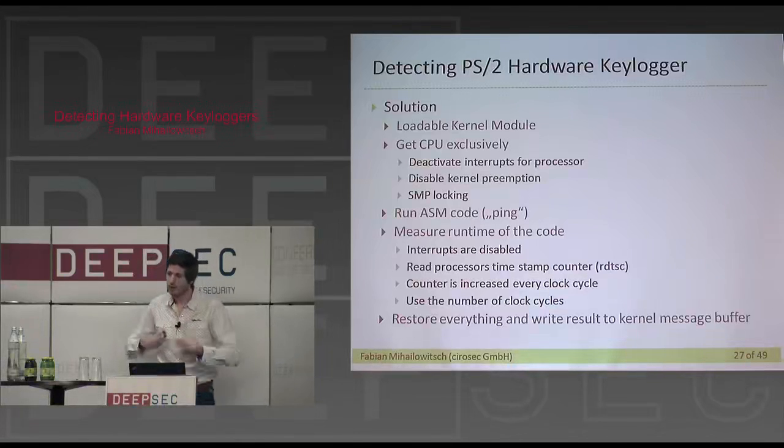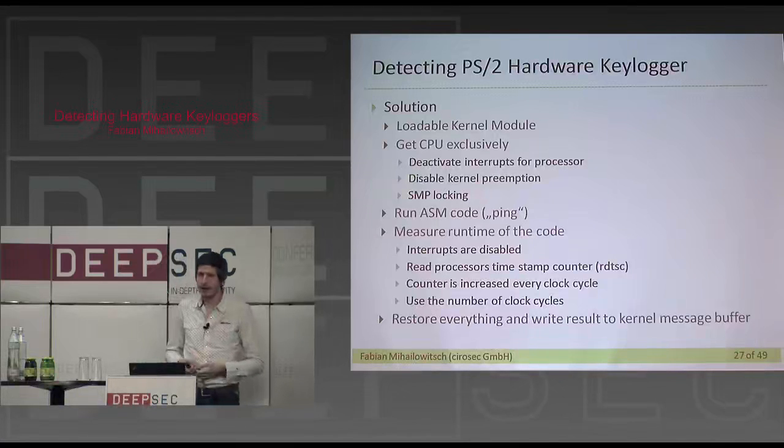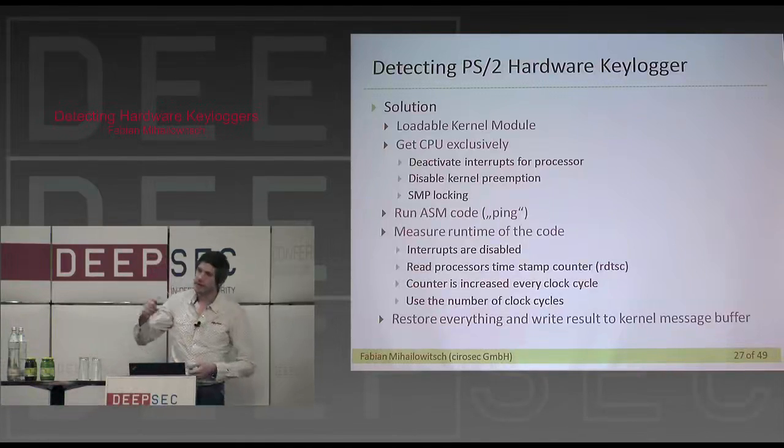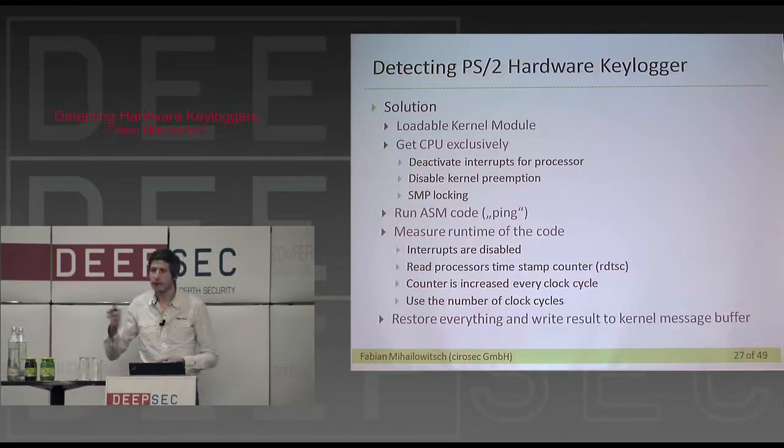Once the code is running, I need to measure the time it takes to run. Since we disabled interrupts, we don't get accurate timing anymore. So what I basically did is I just read out the processor's timestamp counter, the RDTSC register, which is increased every clock cycle, and we just count the number of clock cycles it takes to run our code.